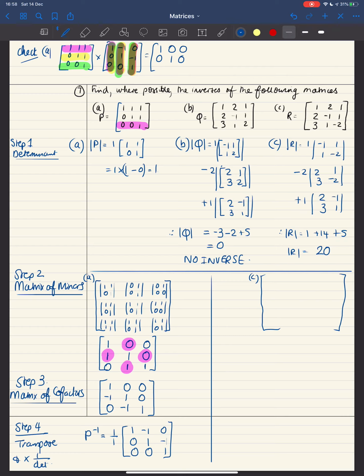So it's 0, 0, 0, 0 plus 0 plus 0, 0 plus 0 plus 1. It comes out as the identity. There's every chance we've got it right, unless we've made 2 mistakes that counteract each other, but it's very unlikely.